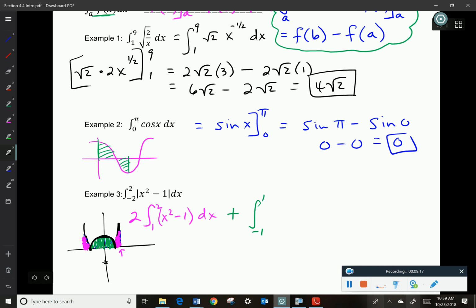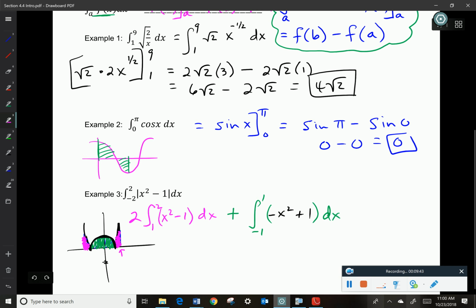If you flip something across the x-axis, doesn't that make it negative? So essentially, wouldn't that be the graph of -x squared plus 1? So if I integrate this -x squared plus 1, that's going to give me that green area. So this is what I'm going to have to do in order to come up with the total area.